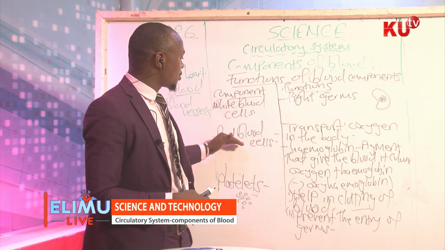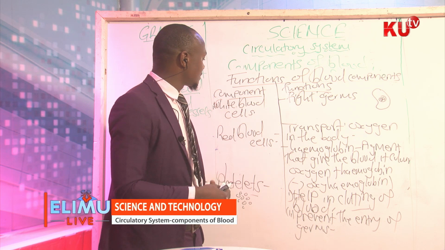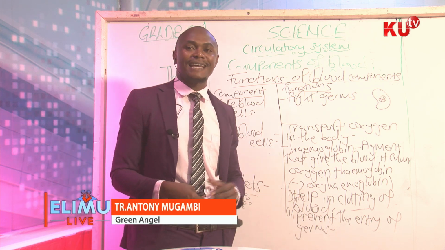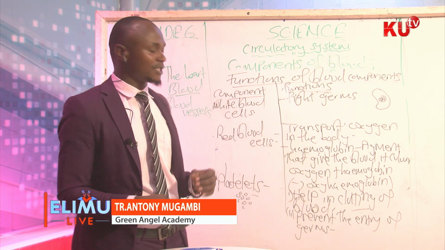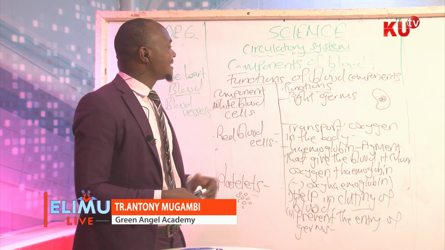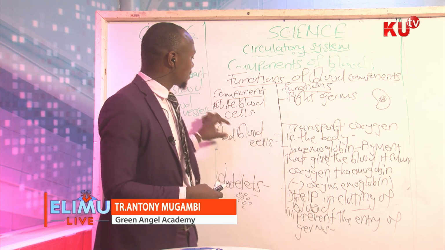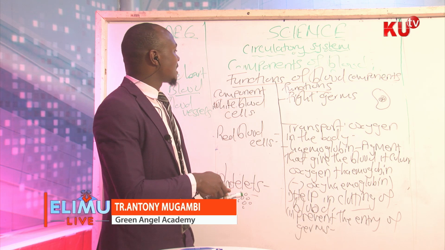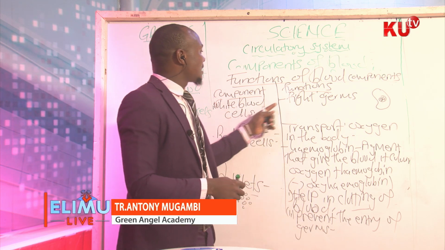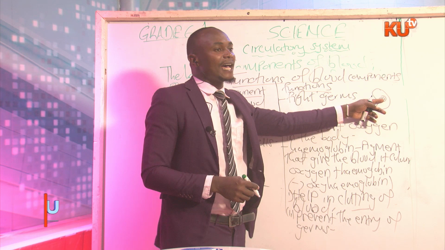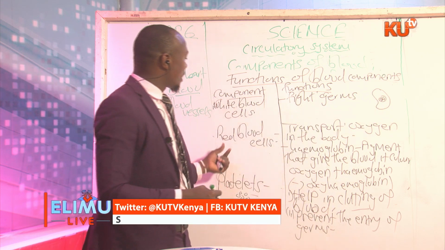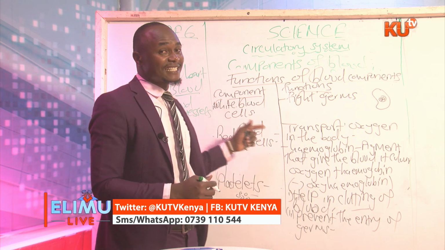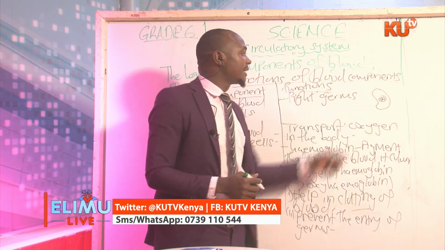We have also discussed the red blood cells, where we have said that red blood cells are disc-like, circular in shape. The difference between the red blood cells and white blood cells in their shape is that the white blood cells inside have a nucleus and an irregular shape, while red blood cells are disc-like and don't have a nucleus inside.